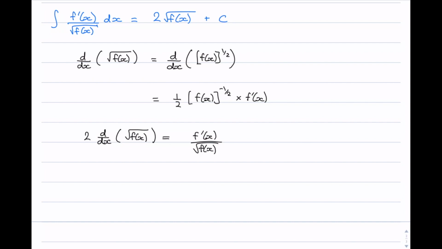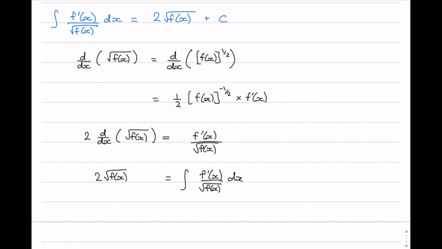Okay, the half means the square root, the negative means it goes down, and now we're just going to integrate both sides. And while I do that, I'm also going to move this 2 inside the derivative, because it's just a constant. So when I integrate a derivative, that's just going to give me the square root of f of x, and I have that 2 that's sitting at the front, and then it's going to be the integral of f dash of x over the square root of f of x dx.